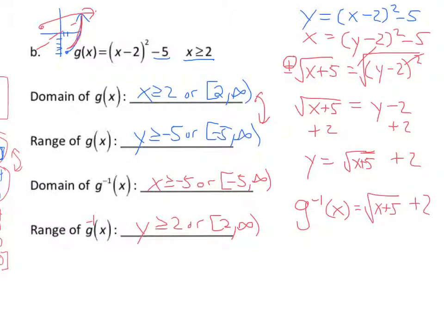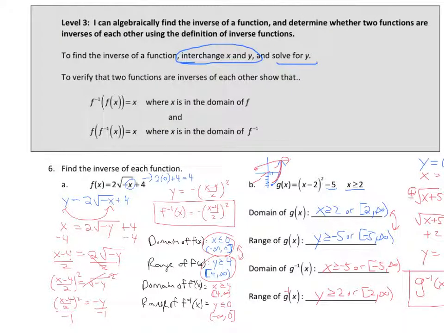Now the next goal of this level is to determine whether two functions are the inverse of each other. And to do that, we're going to use composition of functions.